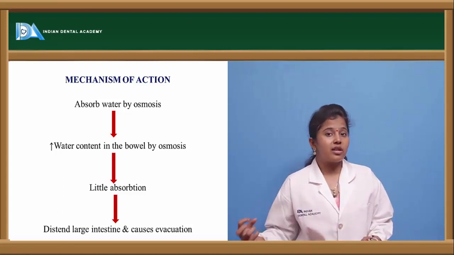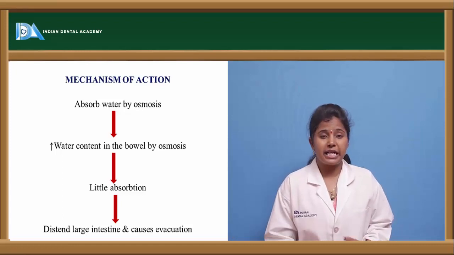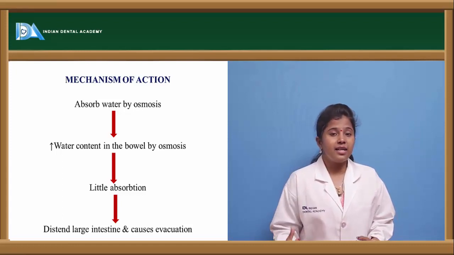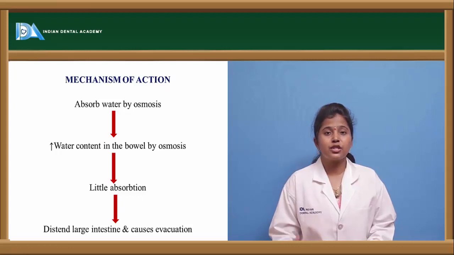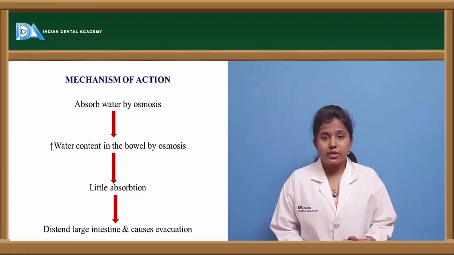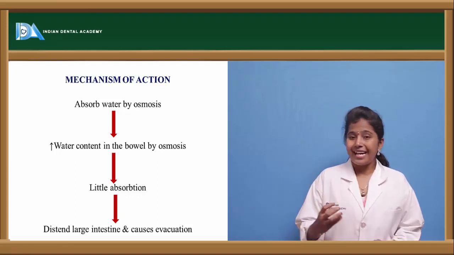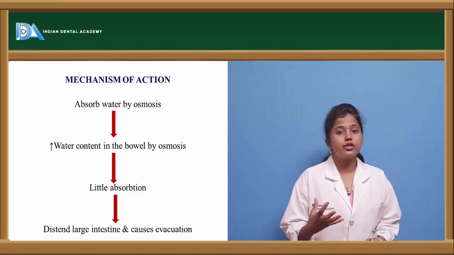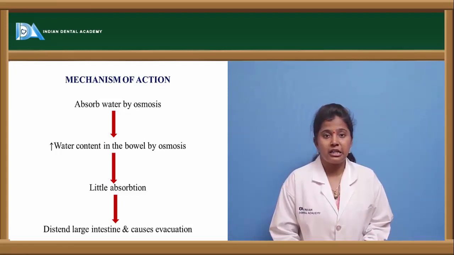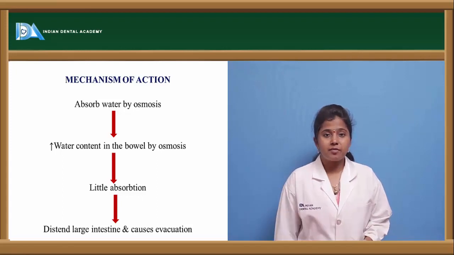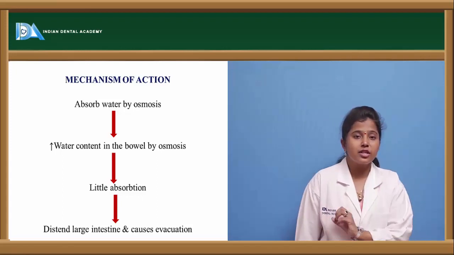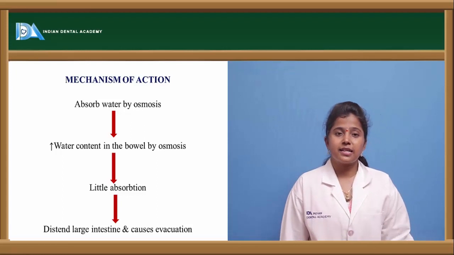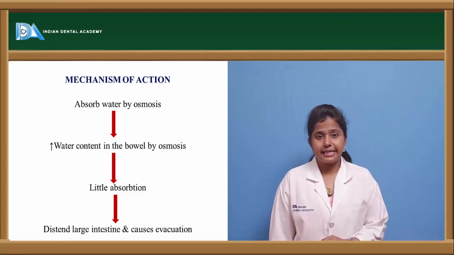When water moves into the gastric region, the undigested or hard food material becomes softened and the viscosity decreases. This stimulates the stretch receptors present in the GIT, and thereby peristalsis occurs. If the peristalsis is proper, the gastric contents can be excreted out.